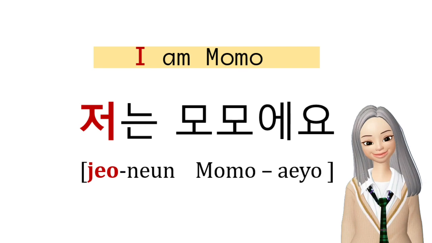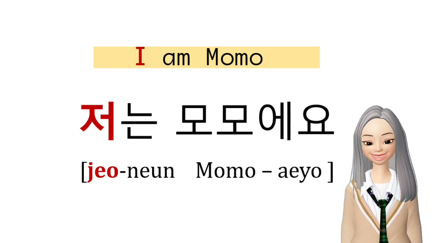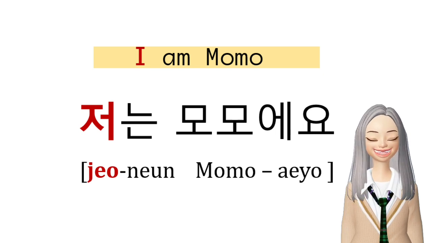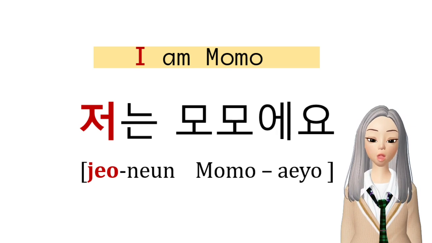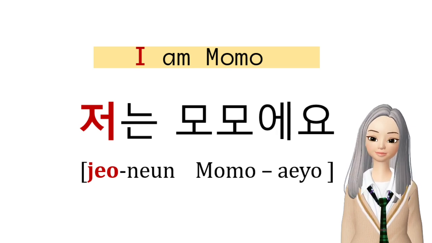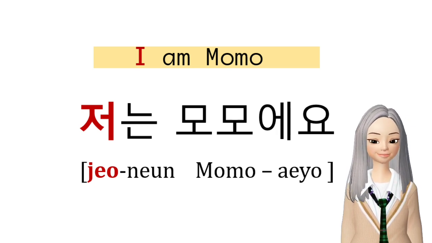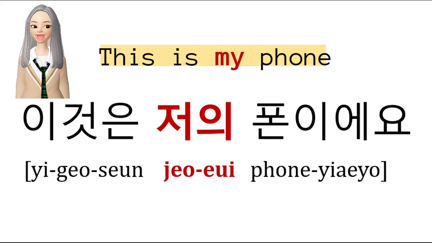For example, let's say the sentence I am 뭐뭐. Easily, it's 저는 뭐뭐예요. Now let's see the possessive form. Example, this is my phone. In Korean, it would be 이것은 저의 폰이에요.